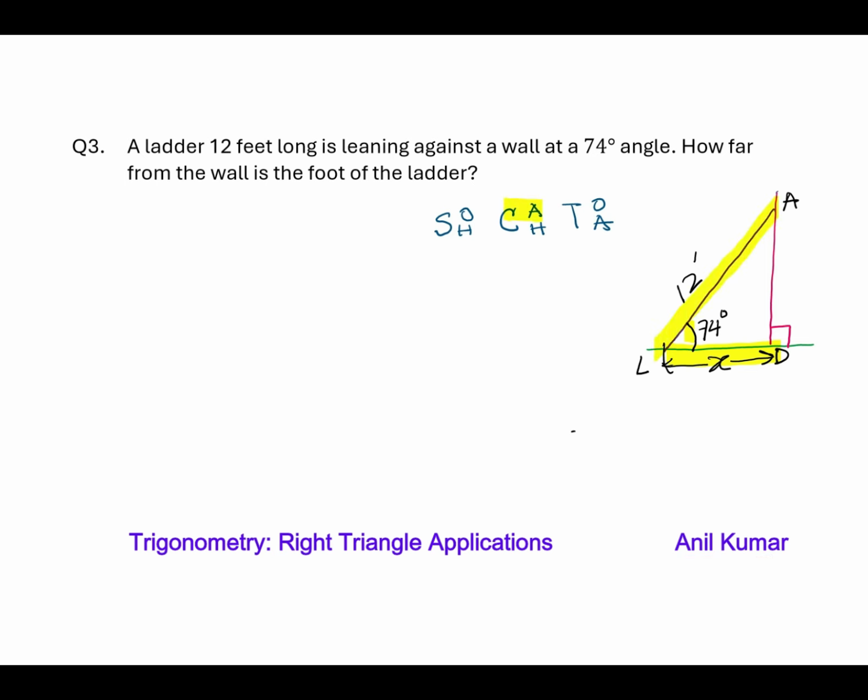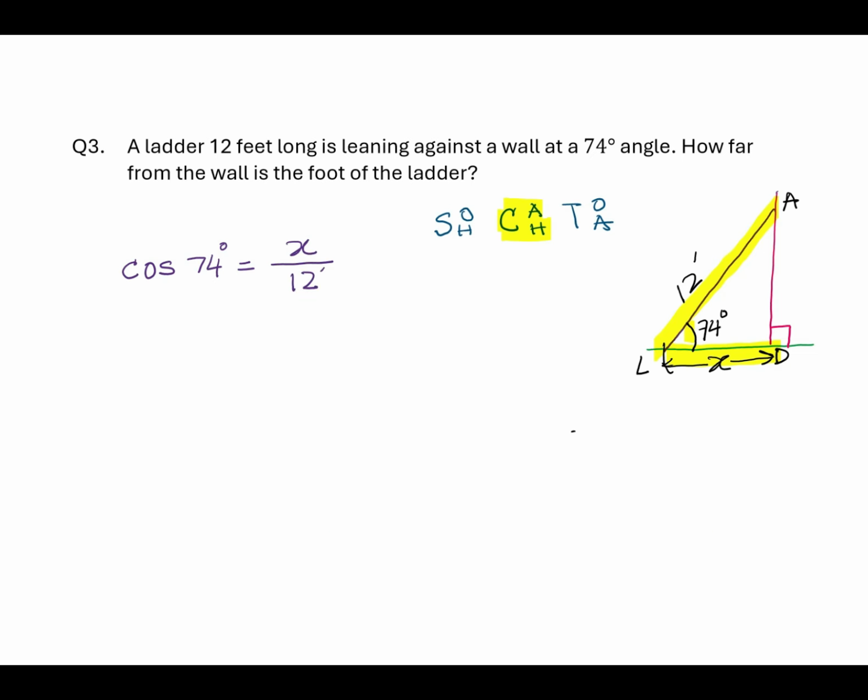So adjacent and hypotenuse means we have to use cosine ratio. Perfect. So we can write down that cos of the angle 74 degrees is equal to adjacent side x divided by the length of the ladder, which is 12 feet.